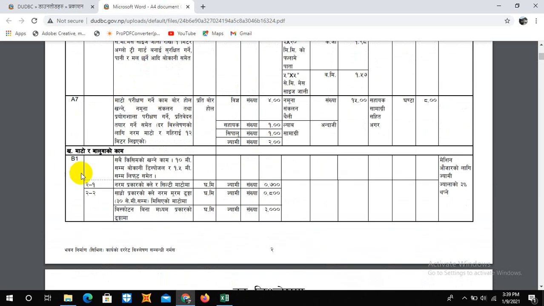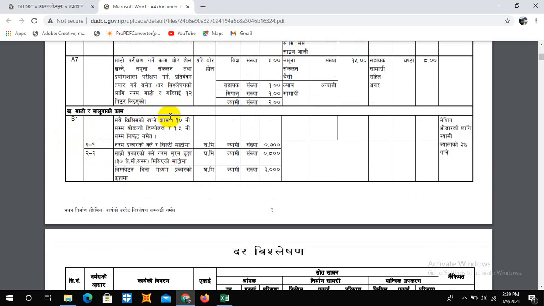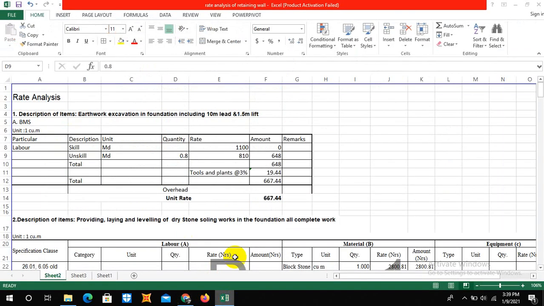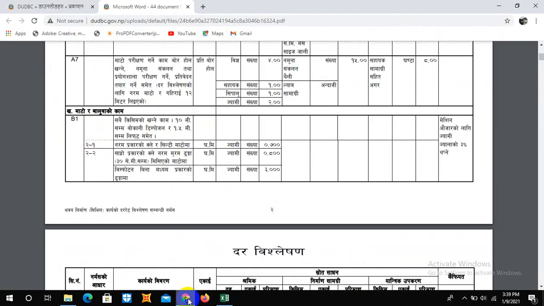Here in this case we can see, it is in Nepali, mato ra balwa ko kam, which means the specification that we have written here: earthwork excavation in foundation including 10 meter lead and 1.5 meter lift. We obtained it from here, 10 meter lead and 1.5 meter lift.